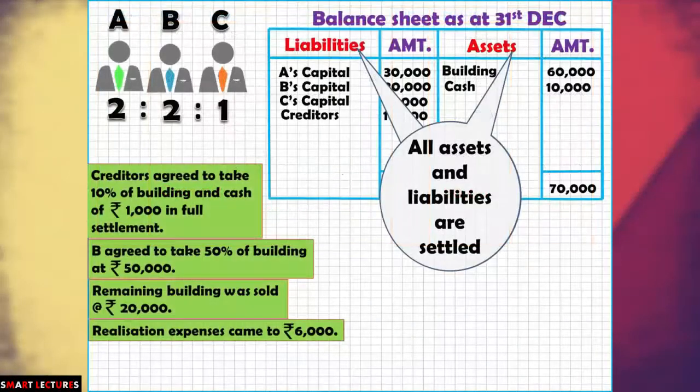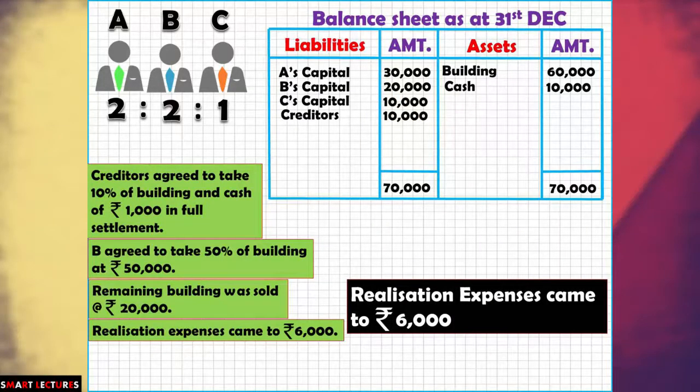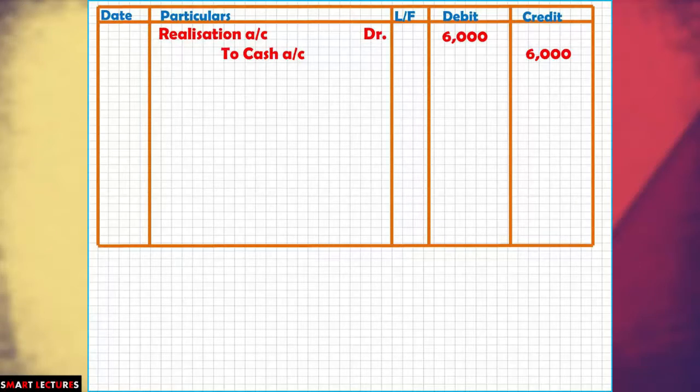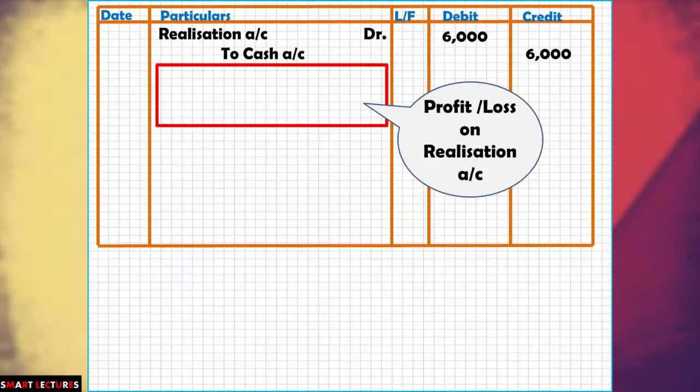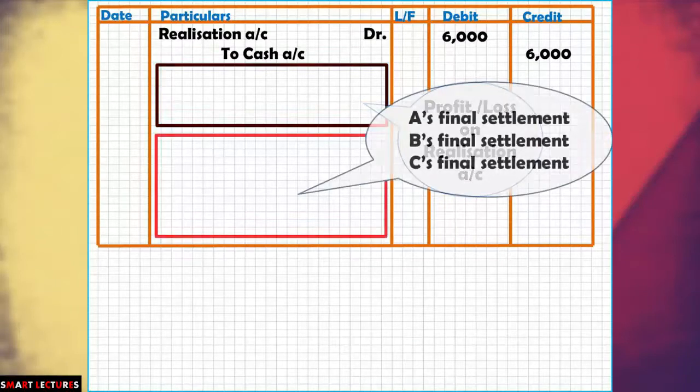In this way all assets and liabilities are settled and realization expenses came to rupees 6,000, and the journal entry will be realization account debit to cash account rupees 6,000. Now leave the space for profit or loss on realization account, then three journal entries for A's capital, B's capital and C's capital account, meaning their settlement.